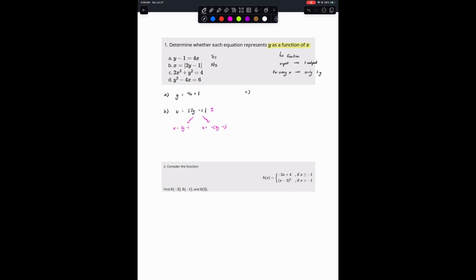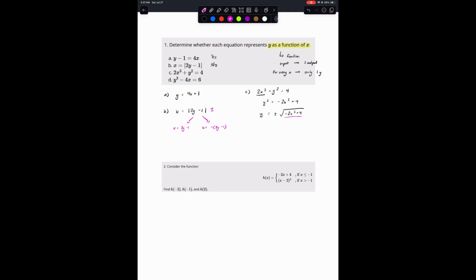For part c, we have 2x cubed plus y squared equals 4. We can move the 2x cubed to the other side by subtracting. So y squared equals negative 2x cubed plus 4. And now y equals plus or minus the square root of negative 2x cubed plus 4.